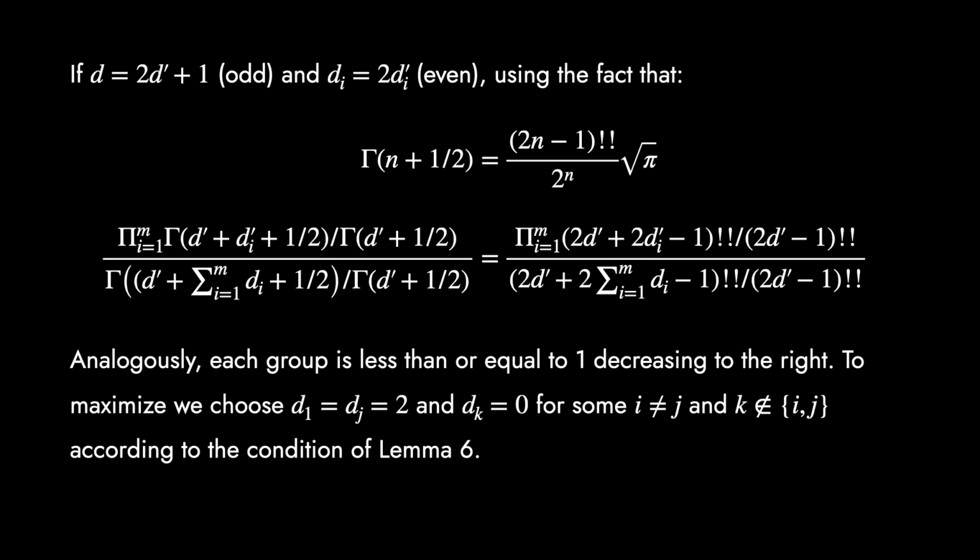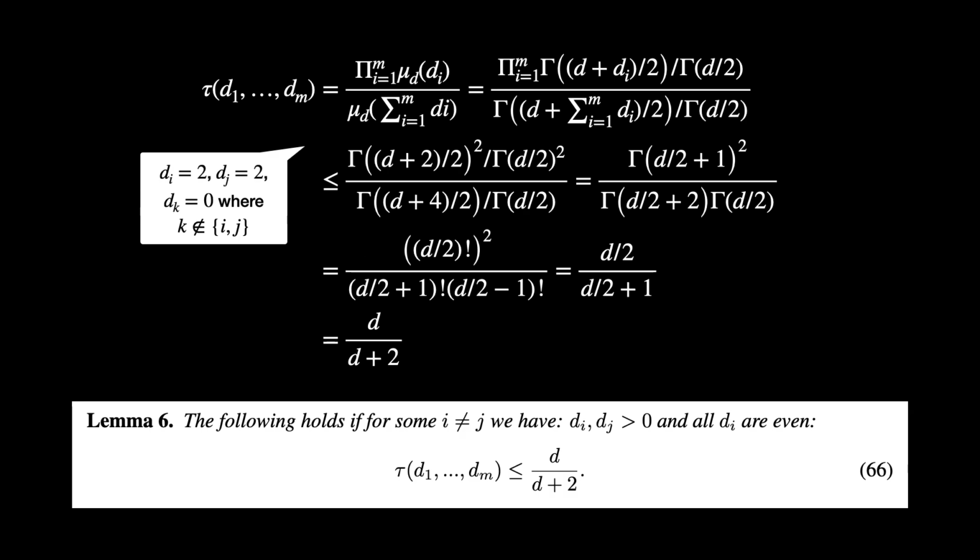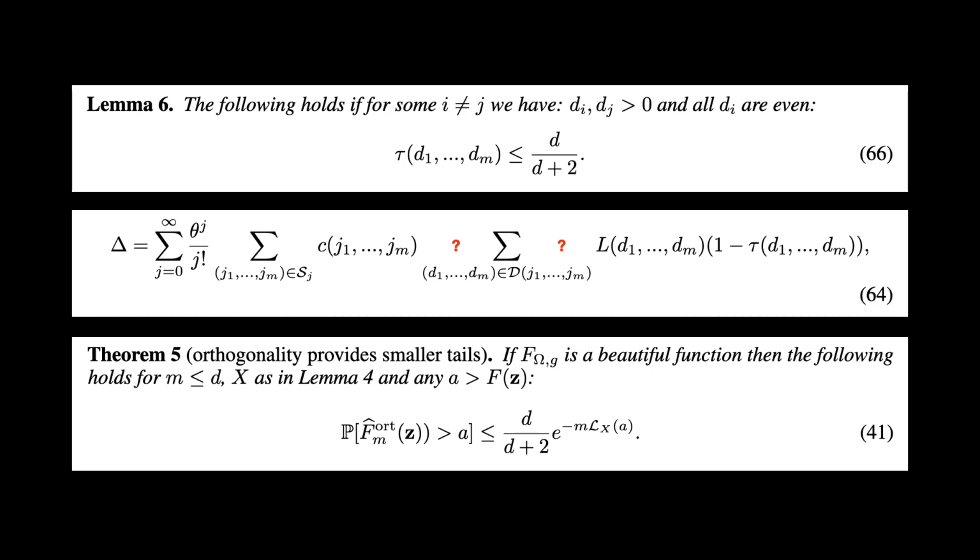In the odd d case, a similar approach gives a similar result. So, with the condition of maximization, we get the upper bound of d over d plus 2. Therefore, we complete the proof of lemma 6, and consequently, the proof of Theorem 5.